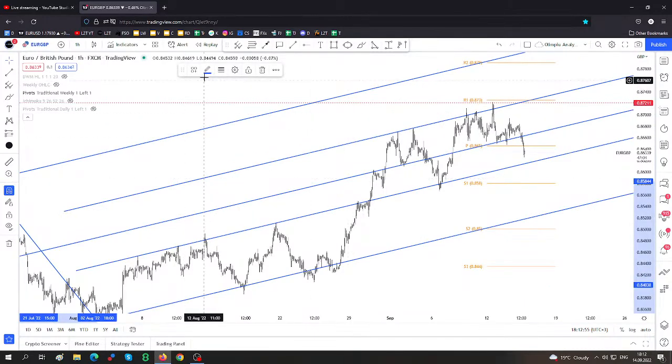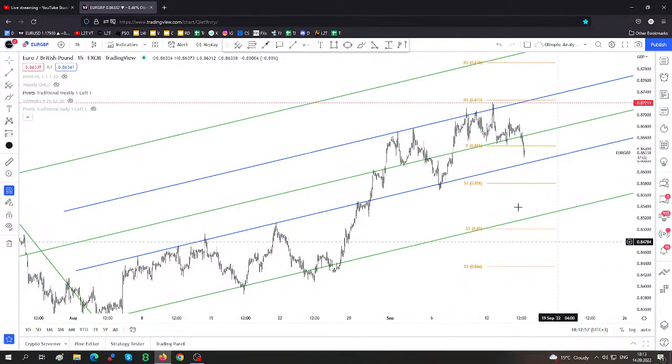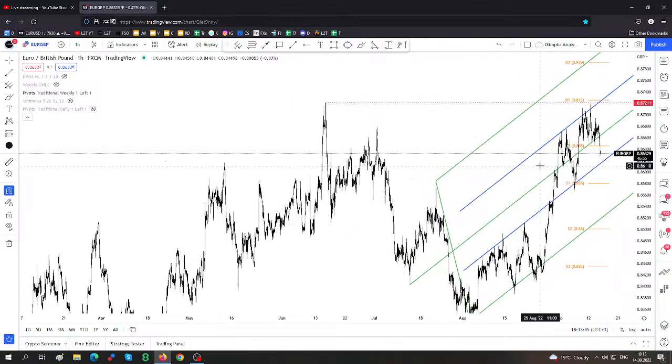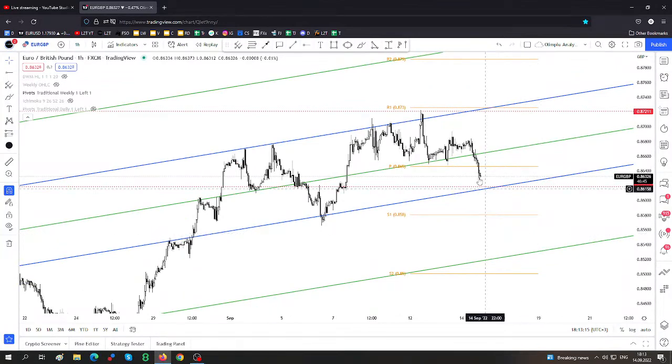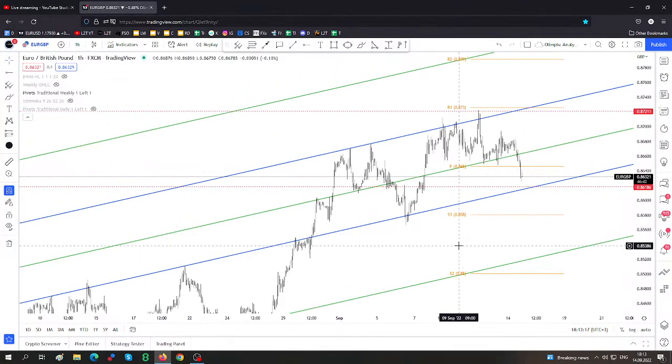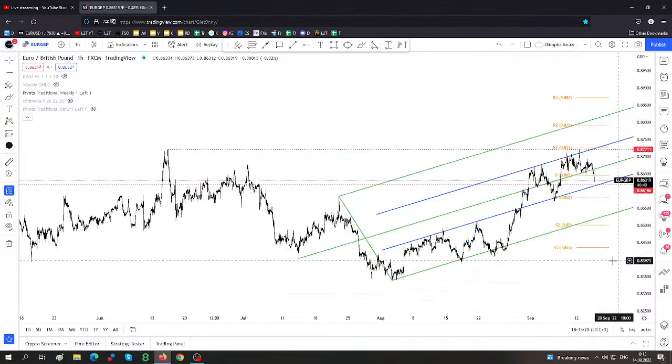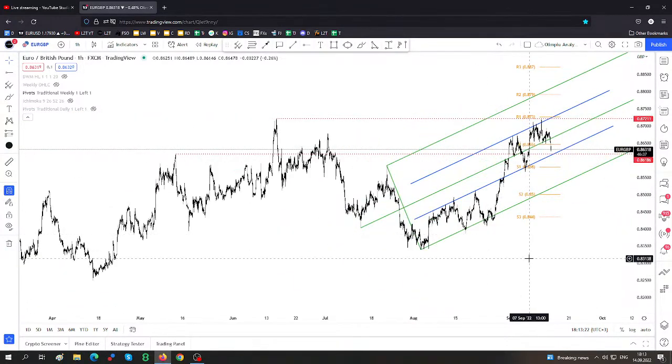I will set another color for this ascending pitchfork, and as long as it stays above this line, no, I don't want to sell it, maybe. We have also a key level here, so test, retest, I don't know. But I don't have a setup right now on this market. Maybe the bias remains bullish as long as it stays above this inside sliding line, above 0.8618.